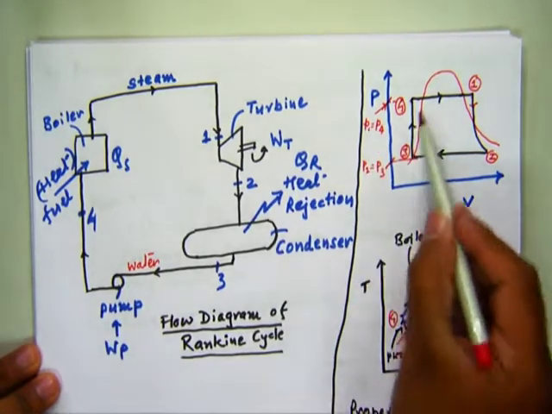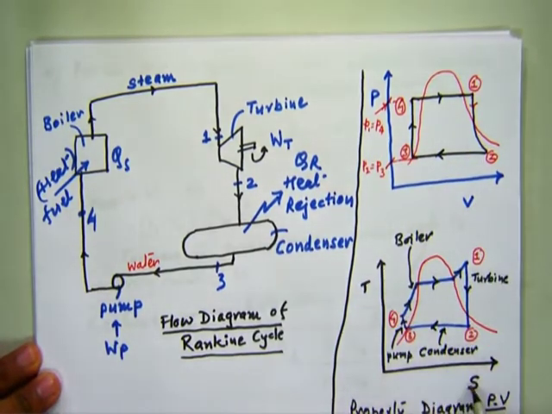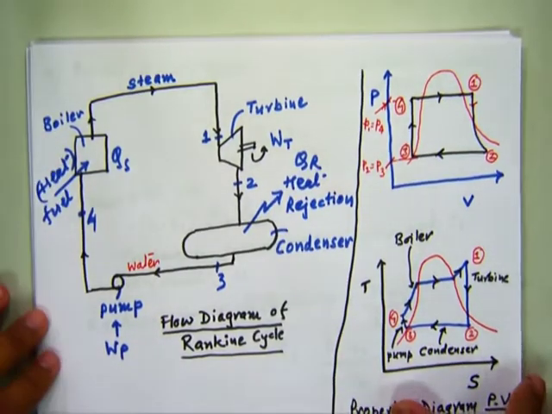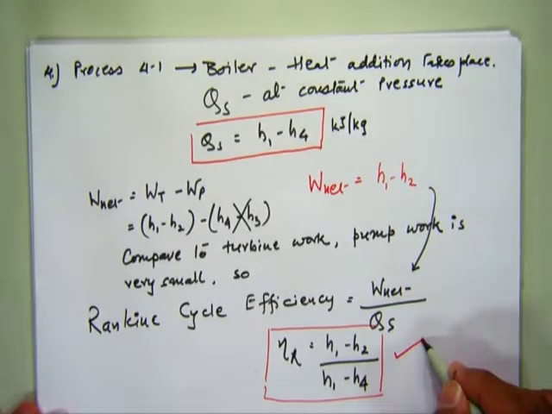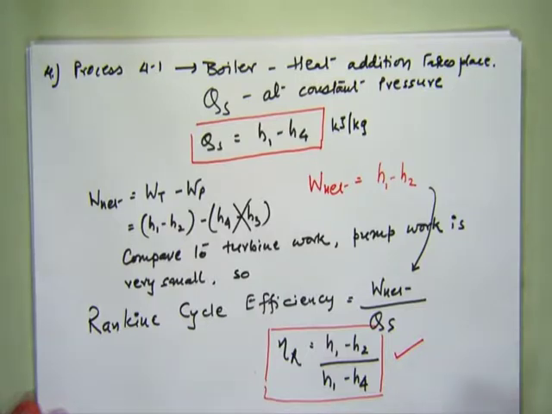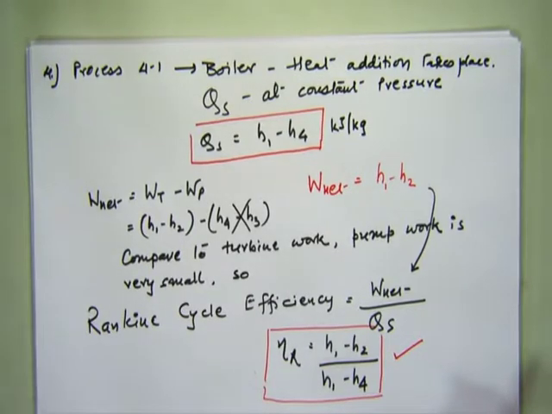This is the PV diagram, temperature entropy diagram. We have seen the analysis, what happens, and ultimately get the efficiency of Rankine cycle H1 minus H2 upon H1 minus H4. We'll further move to another cycle.